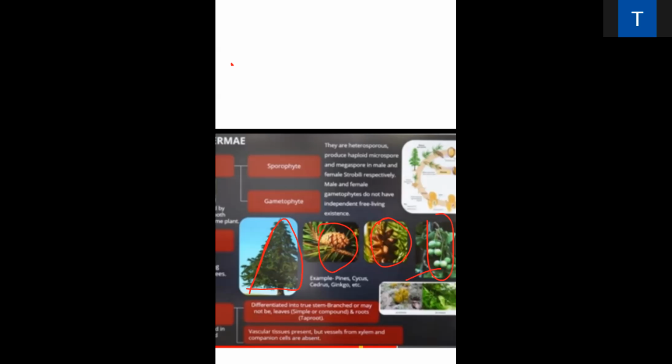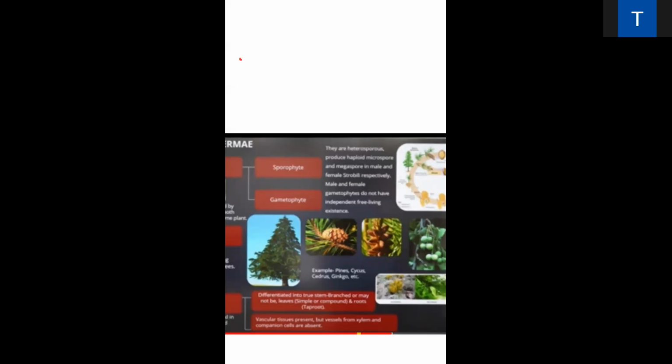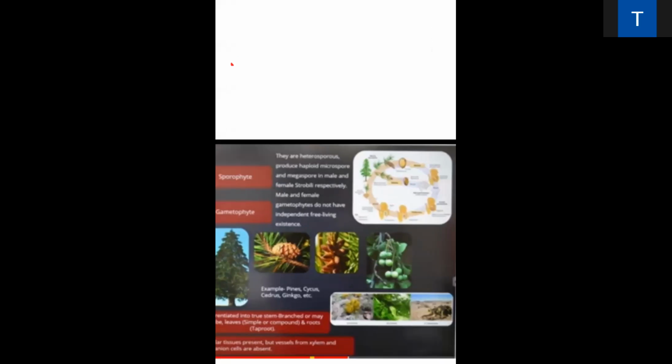Welwitschia is the gymnosperm found in the desert, in the desert area.